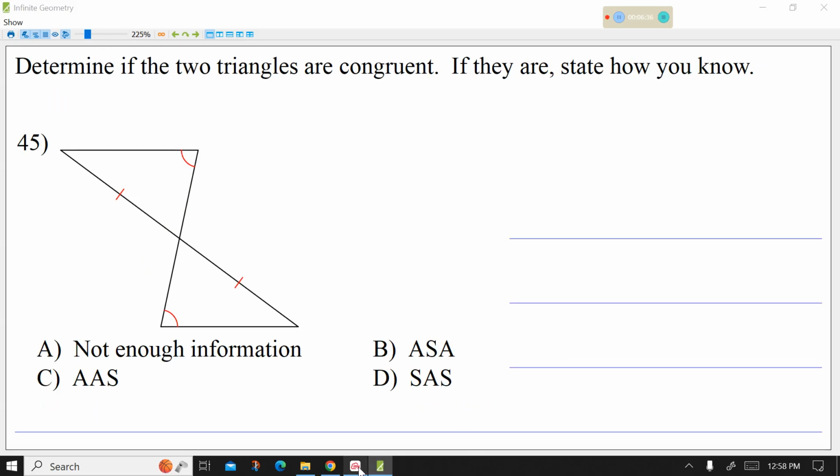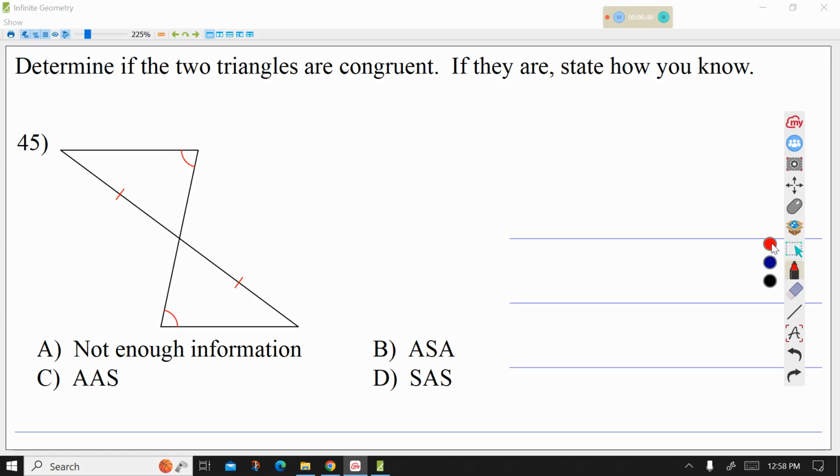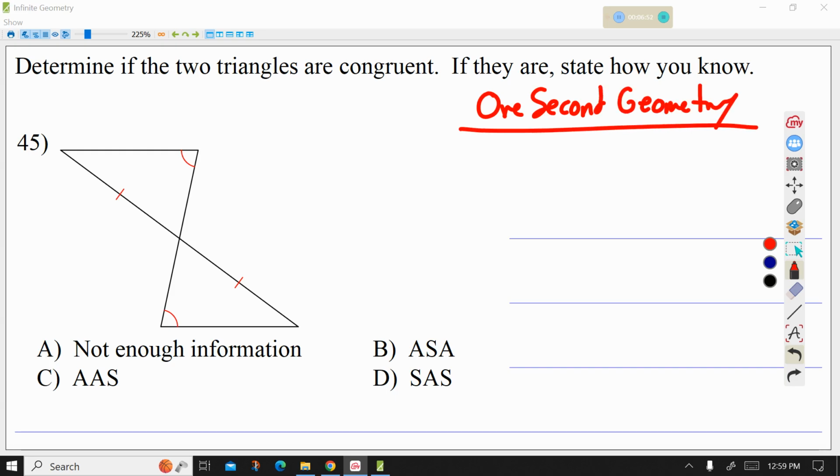All right, in this example, we finally get to something that's not a common side. So now we're going to get the second item of our 1-second geometry. Okay? So again, the 1-second geometry that we had was marking a common side. That was the first one. We don't have a common side in this problem.